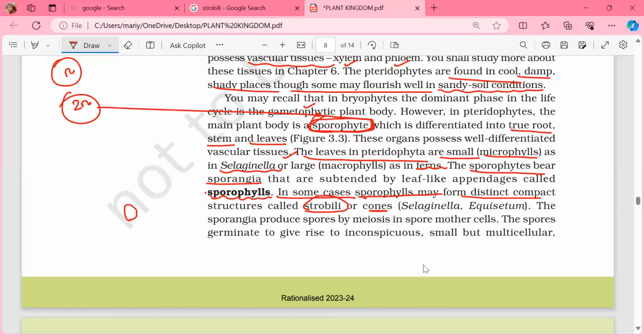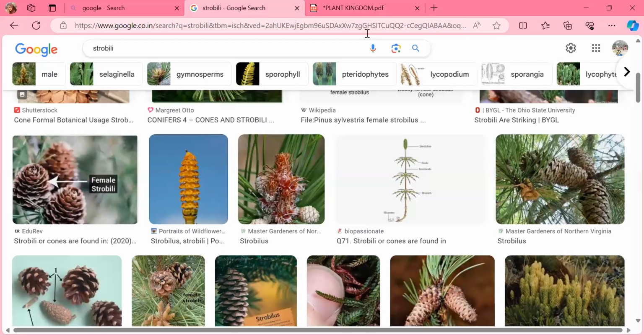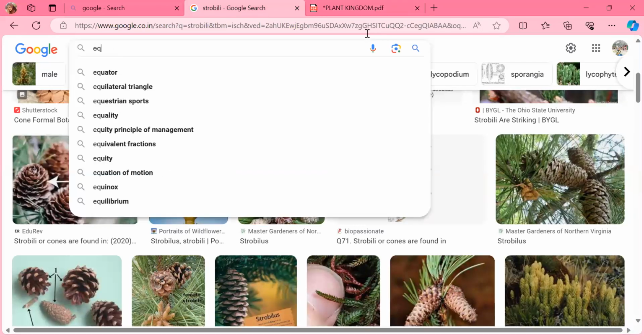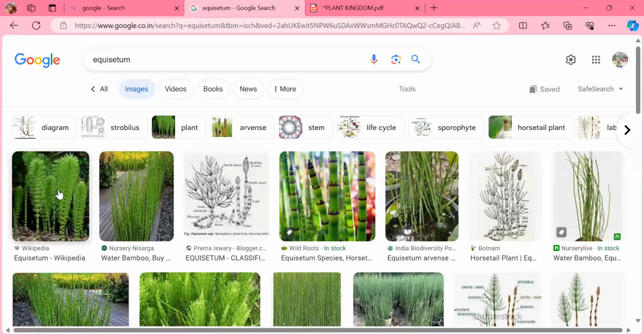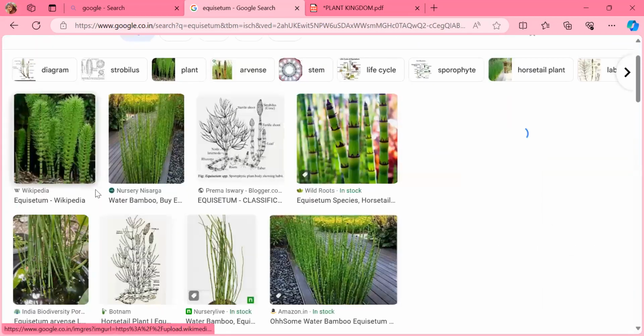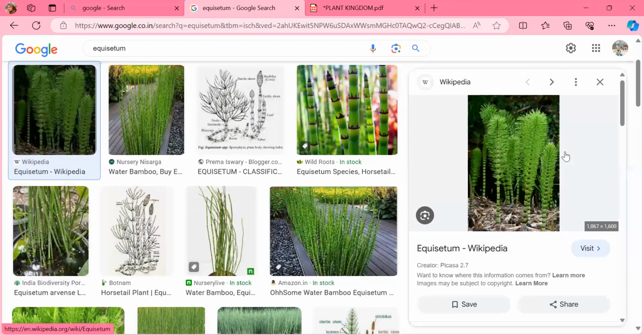Now, in whose cases will we find these strobili? We find it in Selaginella. We find it in Equisetum. Let us look at Equisetum yet again. This is your Equisetum. See, beautiful.